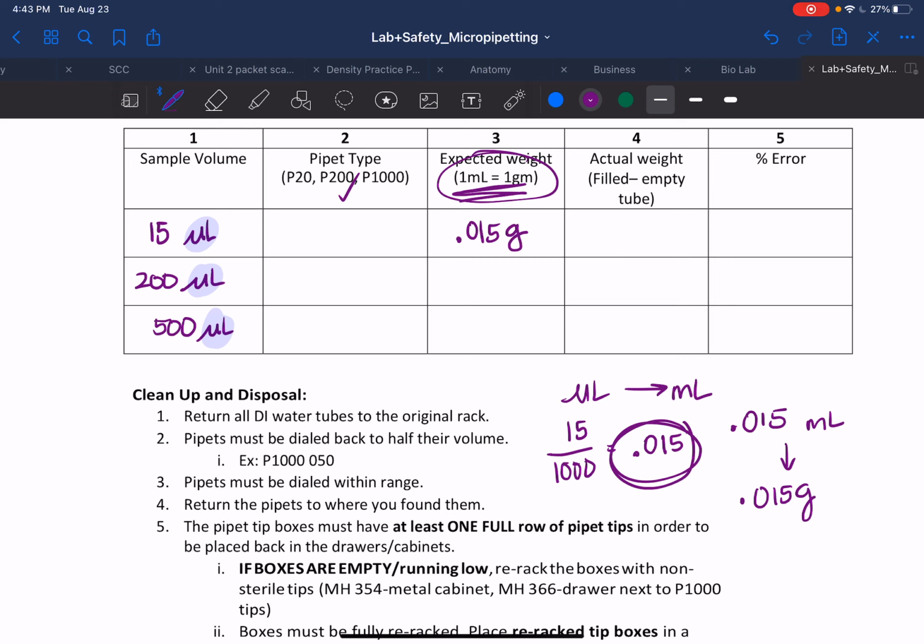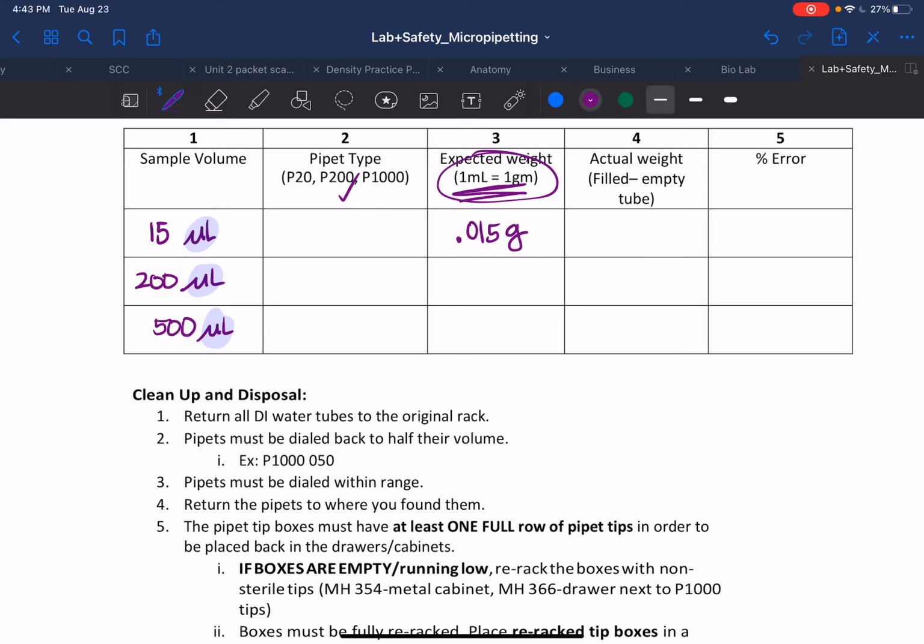And then just be mindful, I'm going to erase the next parts here so I can do number 4. So if you need to pause. For column number 4, it wants you to do filled minus empty tube. Again, I'm just going to make up some numbers because I don't know what your weights are. So let's say your empty tube was 5 grams, which is totally too much.